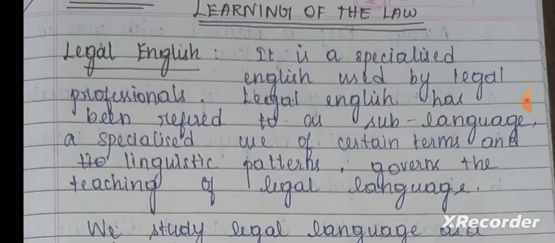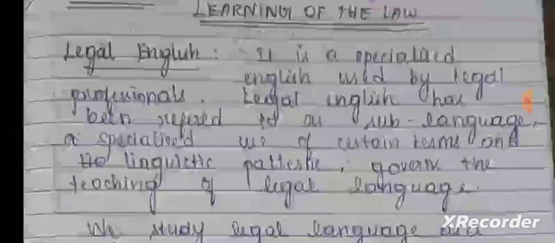So what do we mean by that? It is a specialized English used by legal professionals such as lawyers, law students, advocates, and judges. Legal English has been referred to as a sub-language. A specialized use of certain terms and linguistic patterns governs the teaching of legal English.